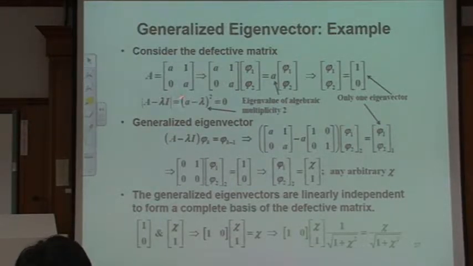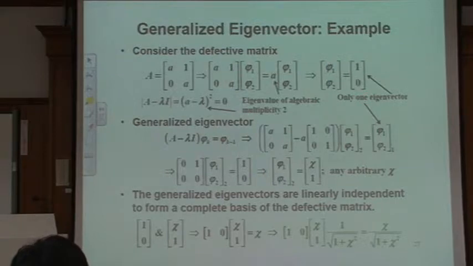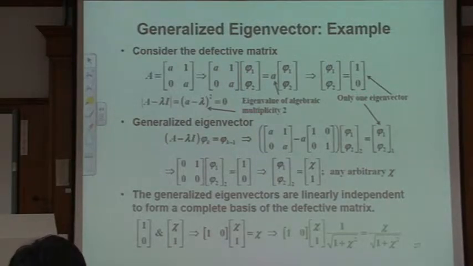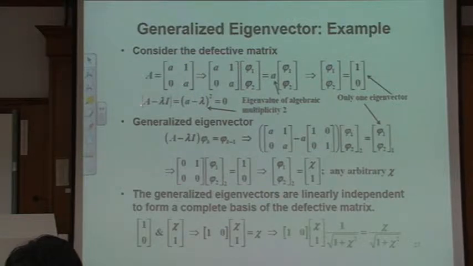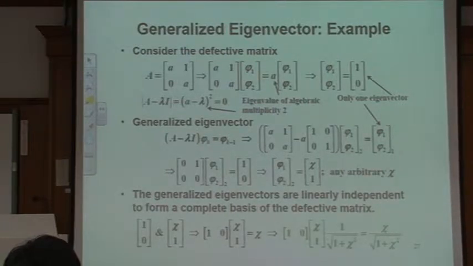This matrix has a characteristic equation with a repeated root equal to a, repeated twice, and we can only find one eigenvector. Based on our definition, this is a defective matrix, so we can find its corresponding generalized eigenvector with the following process.